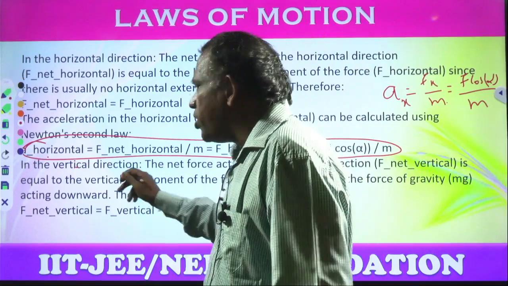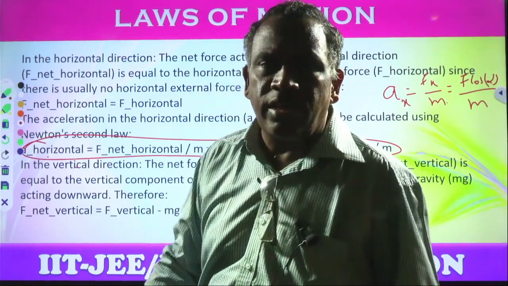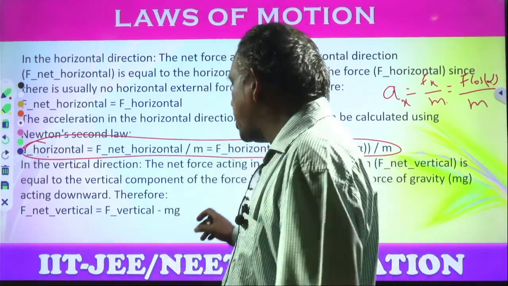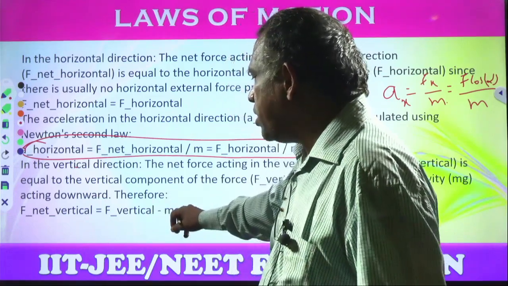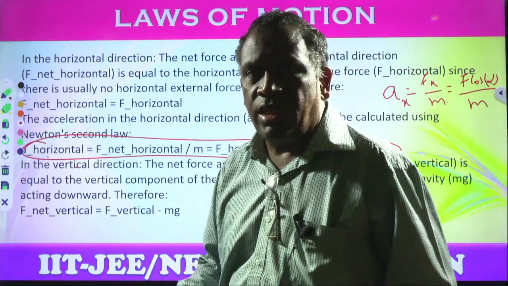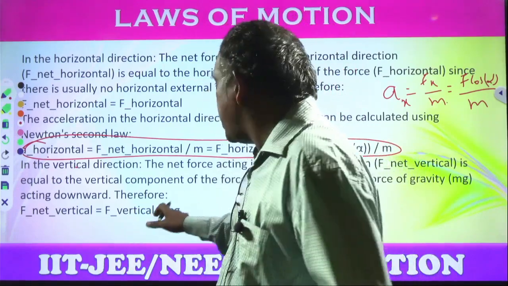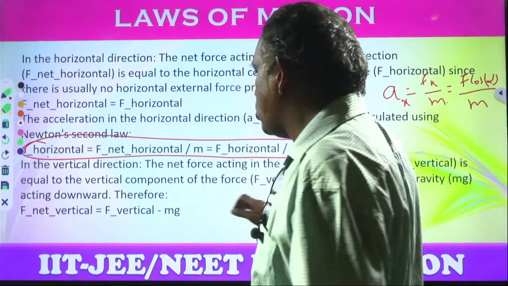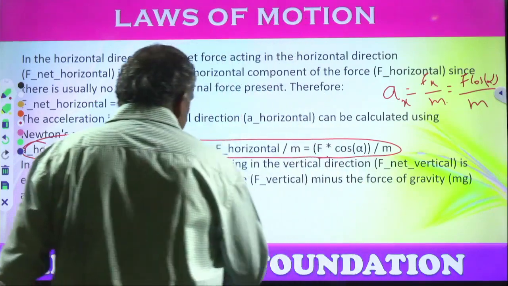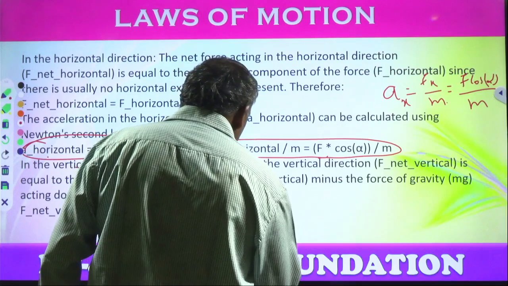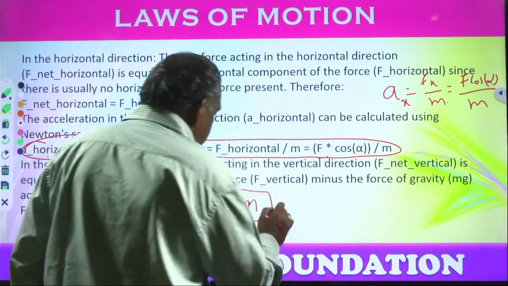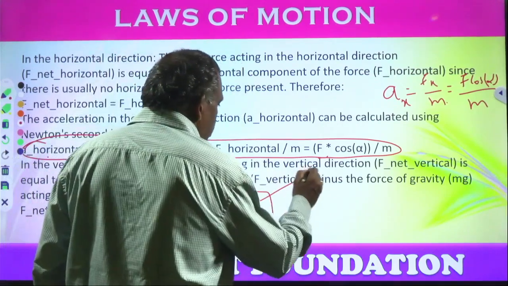Similarly, the vertical component is Fy. Let the object have mass m, so the weight of the body, mg, is going to act.